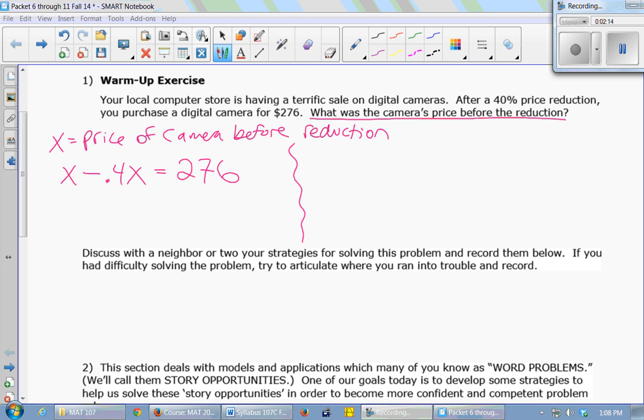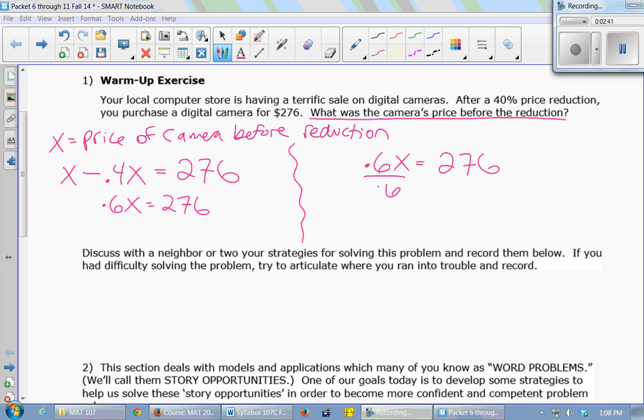What is 1X minus 0.4X? 0.6X. I saw several groups jump straight to this equation, thinking, okay, if you're removing 40%, that means you're paying 60%. So we could just take 60% of the original price to get the sale price. So both of those are completely awesome.